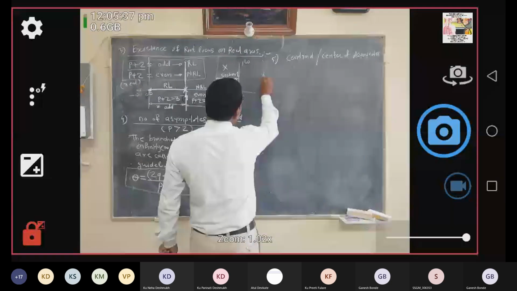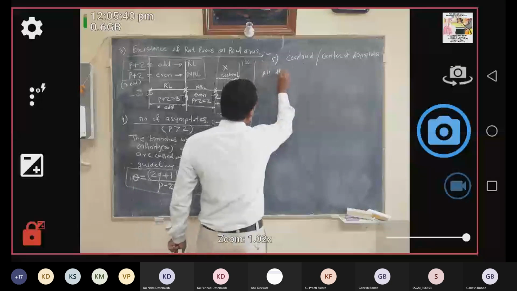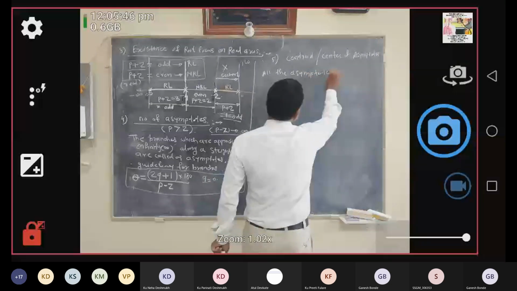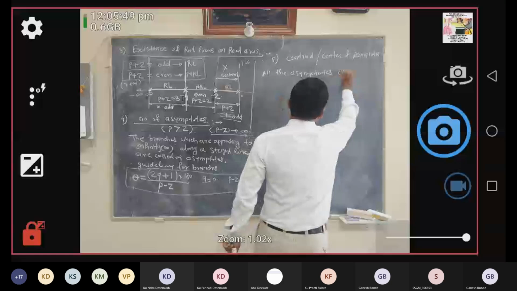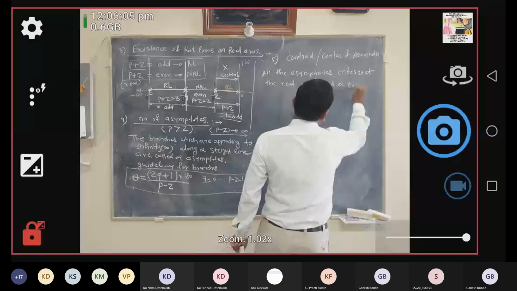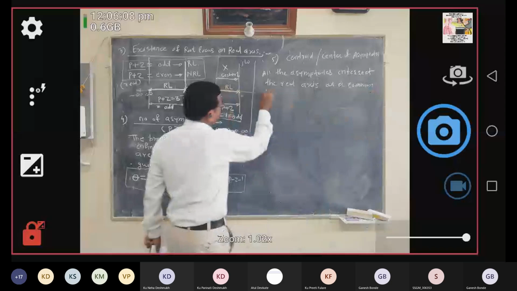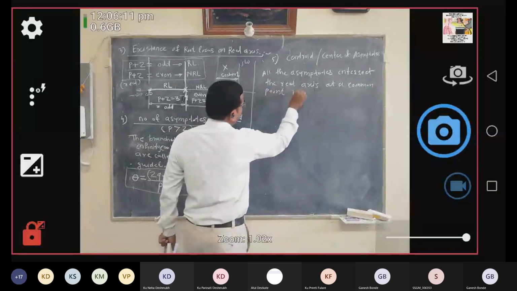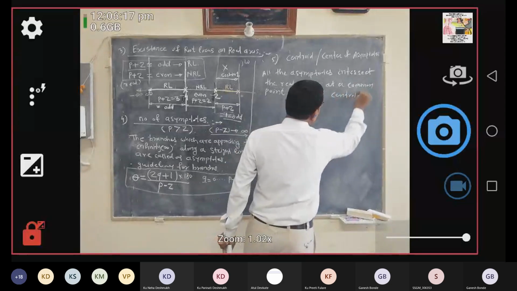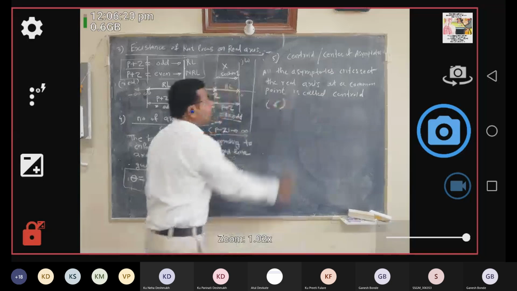All the asymptotes intersect the real axis at a common point, which is called the centroid, and generally it is denoted by sigma.